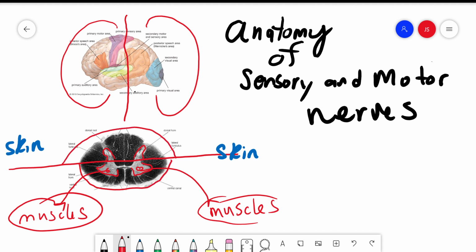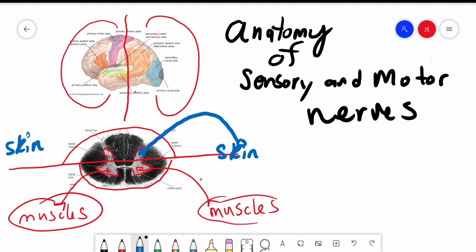So sensory neurons come, let's say, touch. For example, we touch something. So we have a sensor sending a signal to the dorsal horn. Same thing. We have touched something.